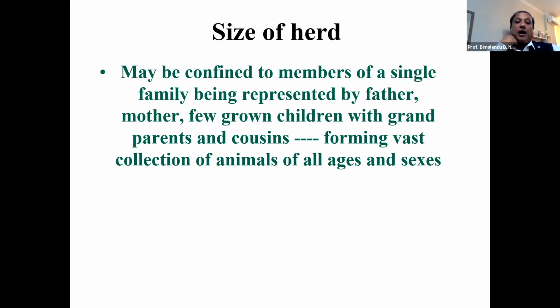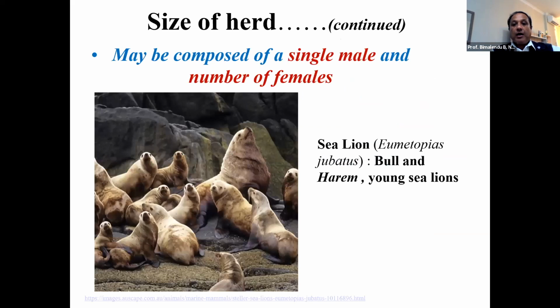Now, the size of the herd may be confined to members of a single family, represented by father, mother, few grown children with the grandparents and cousins, forming a vast collection of animals of all ages and sexes. It may be composed of a single male and a number of females.